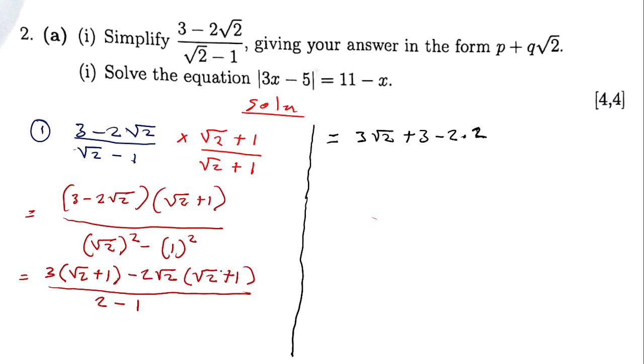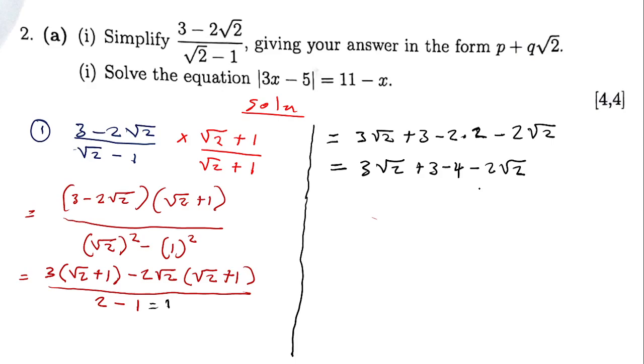Then negative 2 square root 2 times 1 is going to be negative 2 square root 2. You know this will be over 1, so no need of writing the over there. So from there, this will be 3 square root 2, plus 3, then negative 2 times 2 is negative 4, and then negative 2 square root 2.